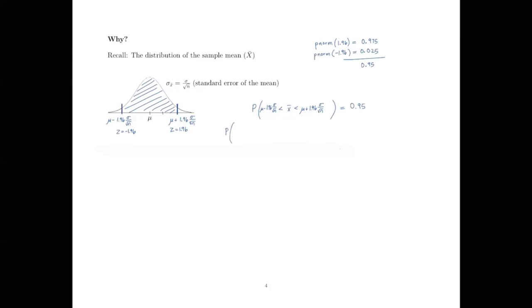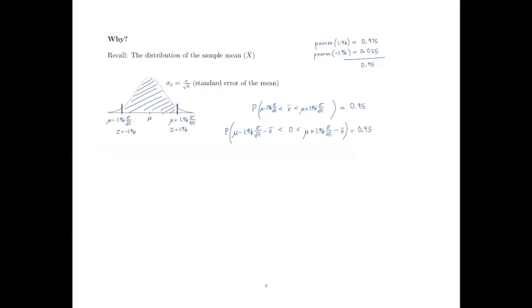So I'll have mu minus 1.96 sigma over the square root of n minus x bar, which leaves me with 0 in the middle, and then mu plus 1.96 sigma over the square root of n minus x bar. All I did was subtract x bar from each side of the equation.